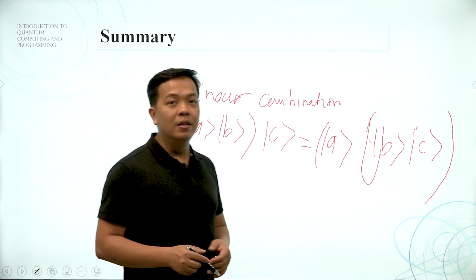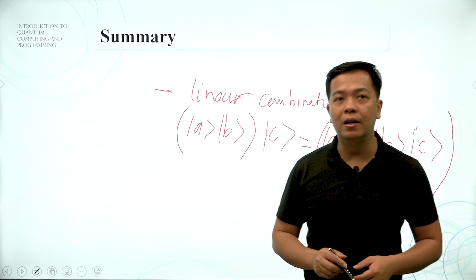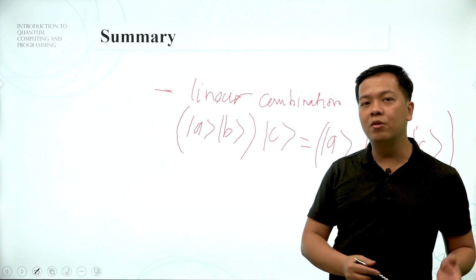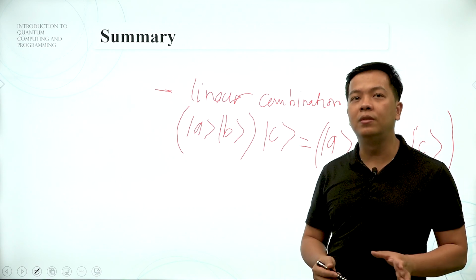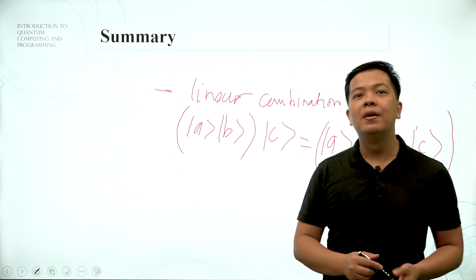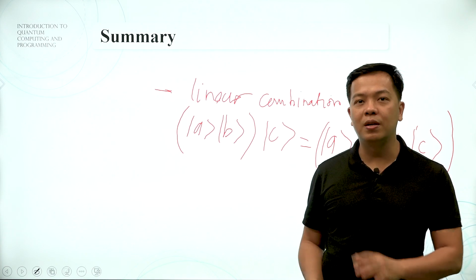Okay, so that is called the linear combination, and we already introduced linear combination, and we introduced how the tensor products in the vector space look.